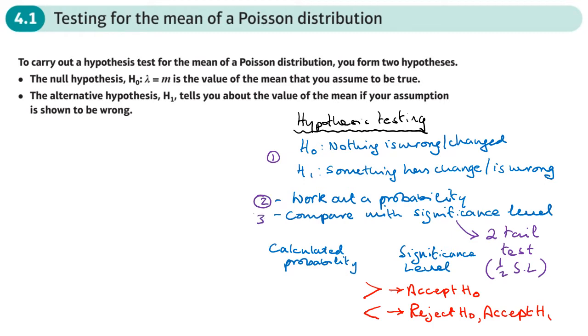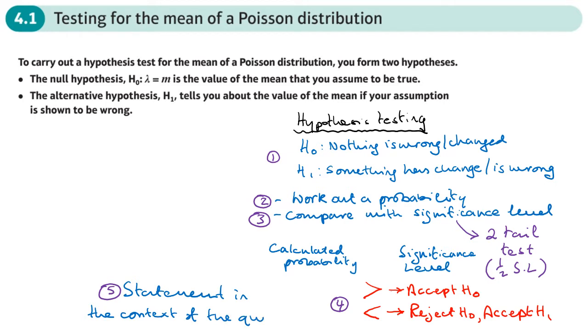Step 3, compare it with your significance level. Step 4, either accept or reject H0, and then step 5 is always going to be some statement in the context of the question. So look at what the question's about and make sure you write down a statement which is in the context of that question.